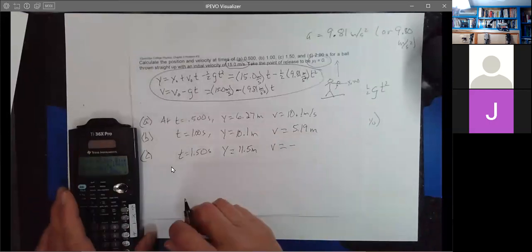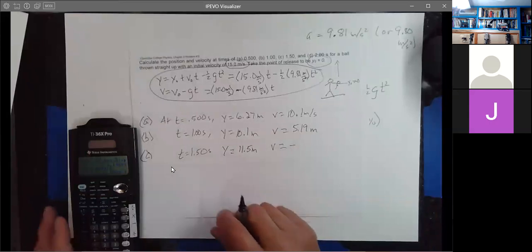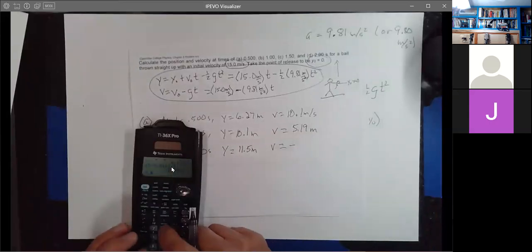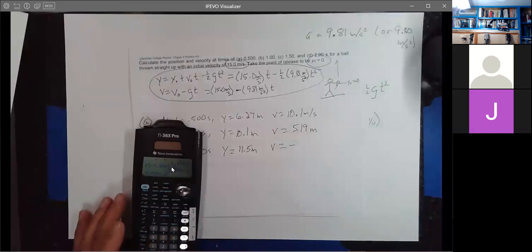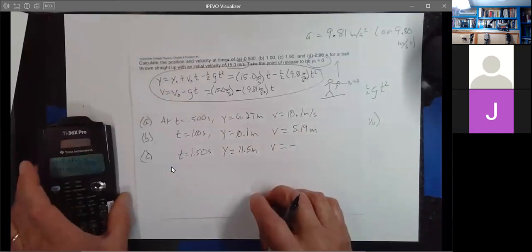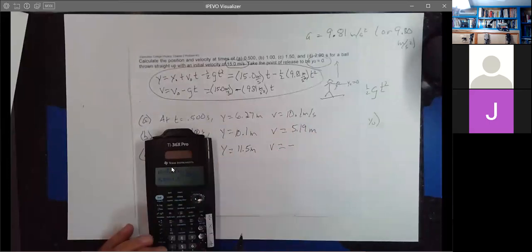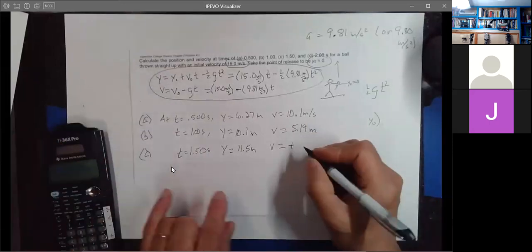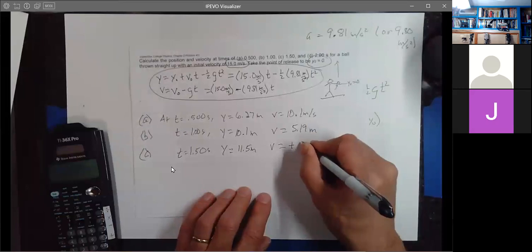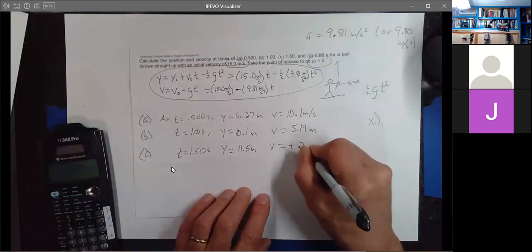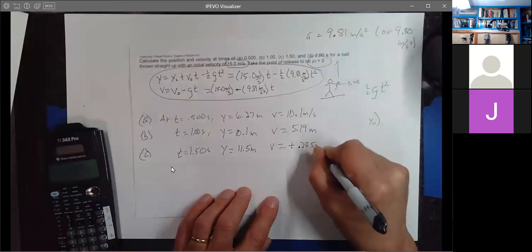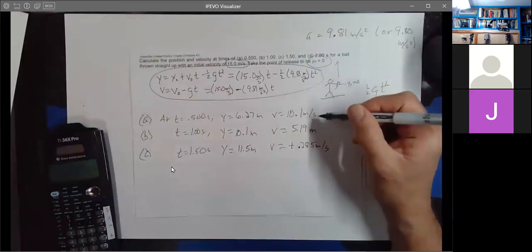That doesn't seem right to me. Let me plug that in again. 15 minus 9.81 times 1.5. Okay, makes more sense. Plus sign. I don't know how I got a minus sign on there. It would be 0.285 meters per second.